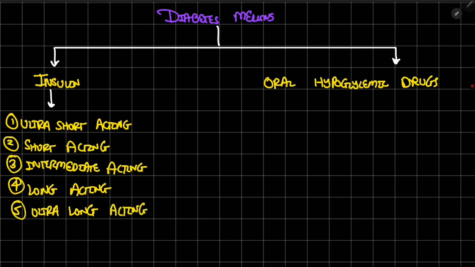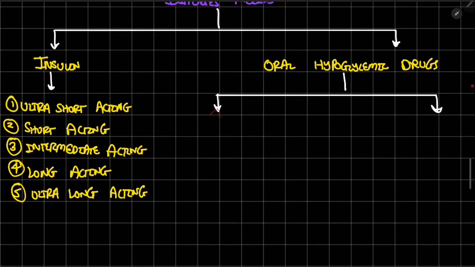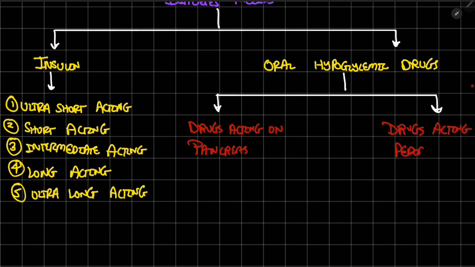Under oral hypoglycemic drugs we have two further classifications: the drugs acting on the pancreas and the drugs acting peripherally.